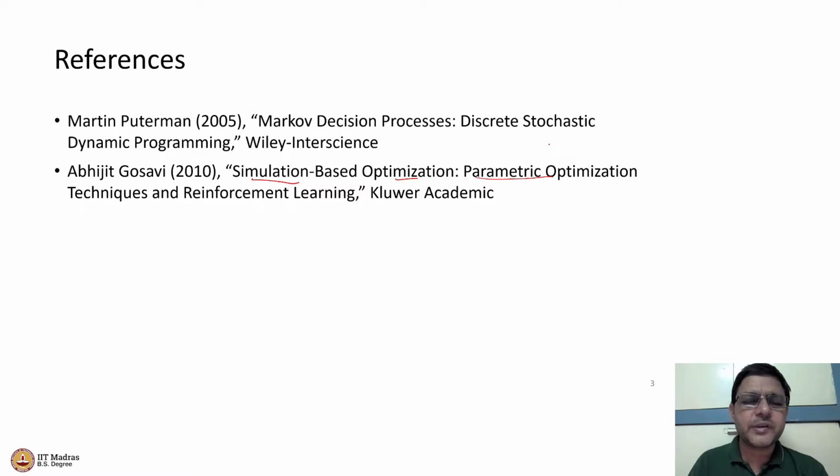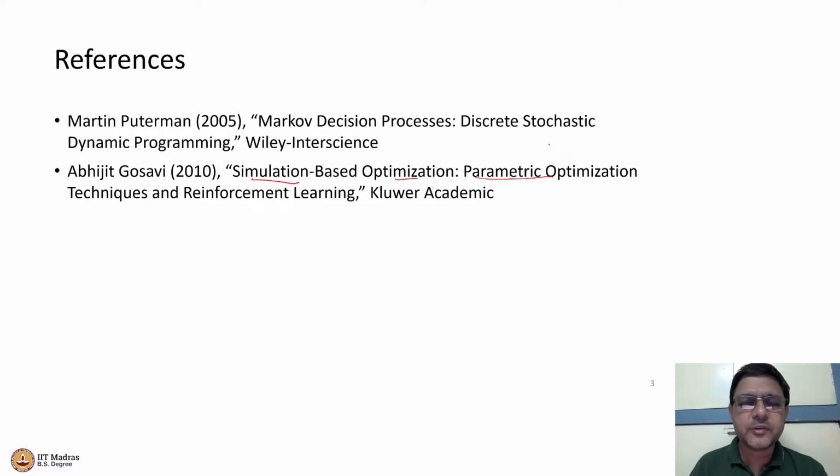Therefore, Gosavi's text also becomes very relevant. Most of the references use the notations that were first used in Puterman's book. So Puterman's book has become a classic now. We will use the same notations, similar to what Puterman used in his text.